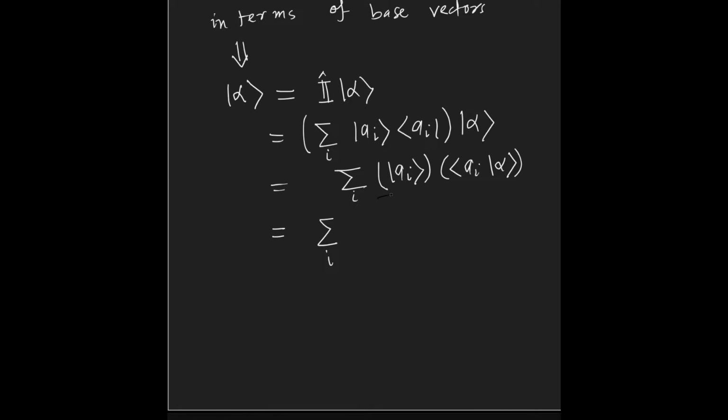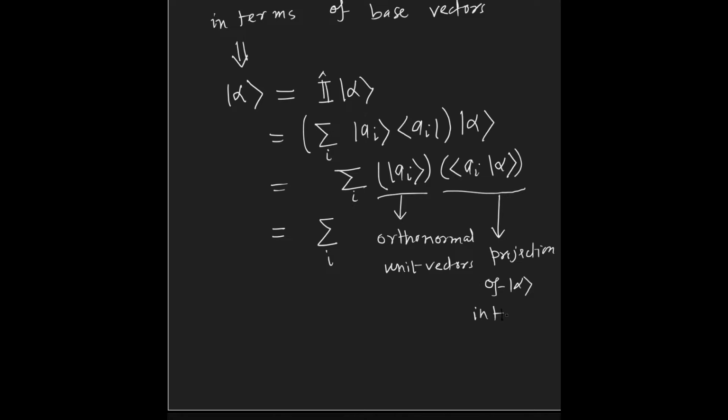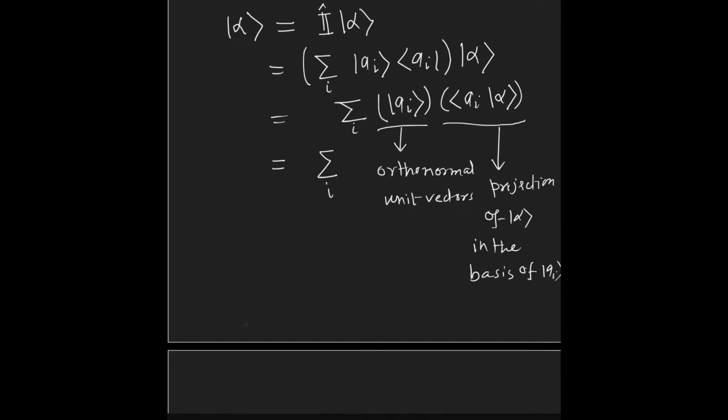As we know, this is similar to the 3D vector. This is like orthonormal unit vectors, and this is the inner product, which means the projection of alpha in the basis of a_i.